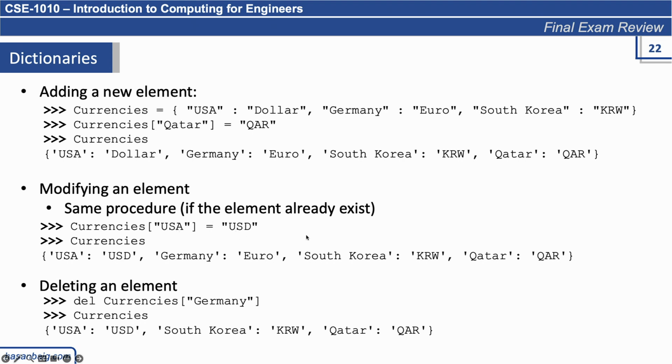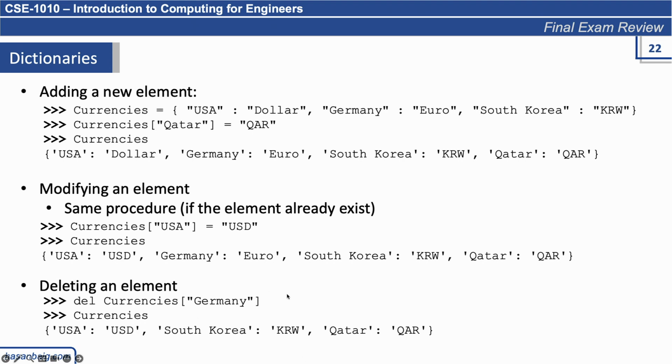So you need to have additional logic, like if the key already exists and you want to add a new value, it's up to you whether you want to add it by concatenating the string with a plus sign, or maybe creating a list and adding a new element in the value. Here you can see the key already existed, so the value that I used overwrites the previous value of dollar with the USD.